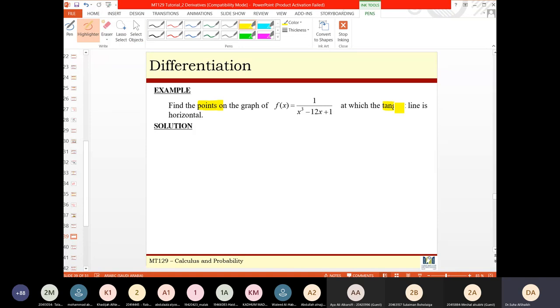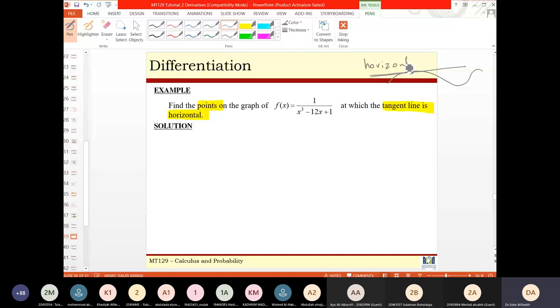You remember when we talked about the tangent line? What does tangent line mean? The one that touches. They want the points where the tangent line is horizontal.